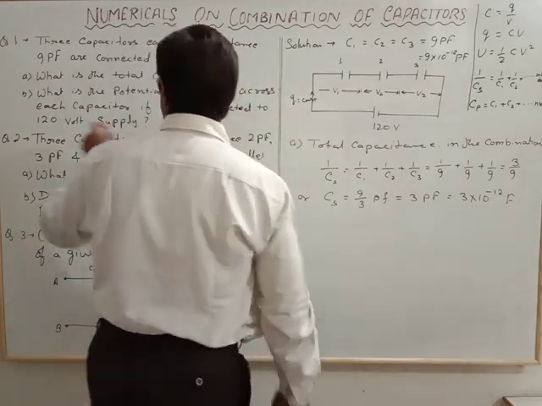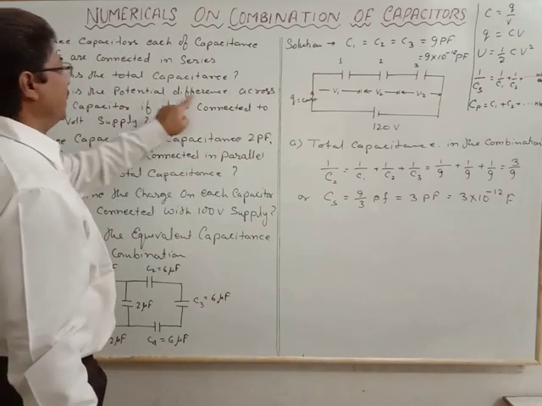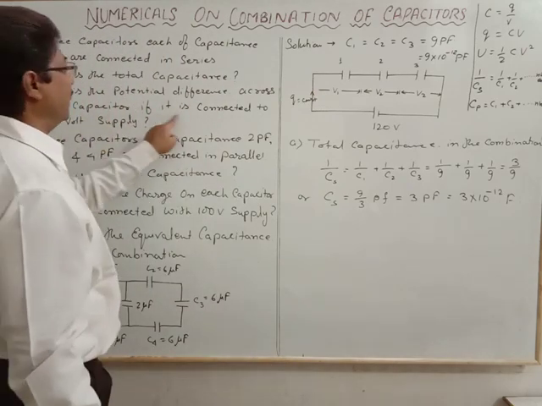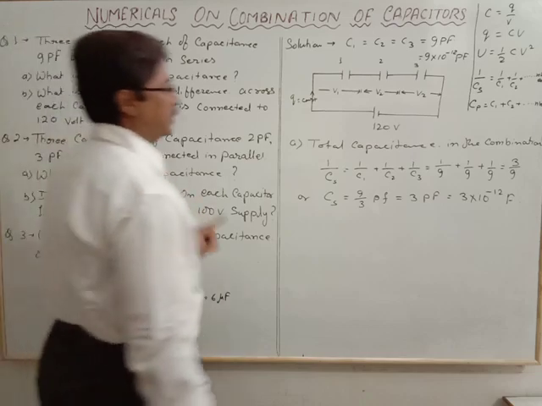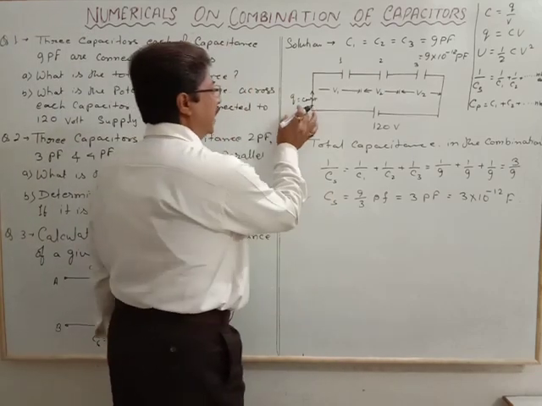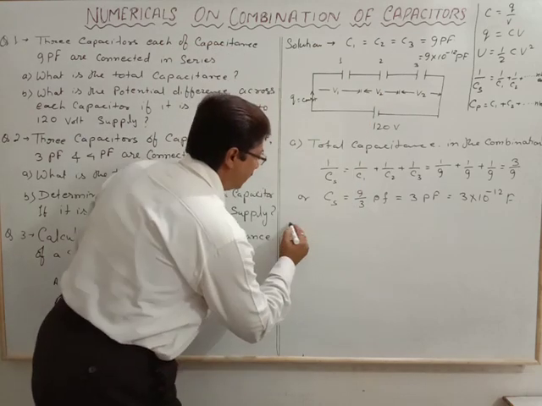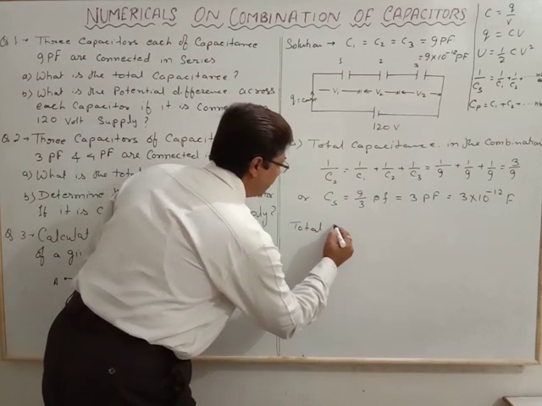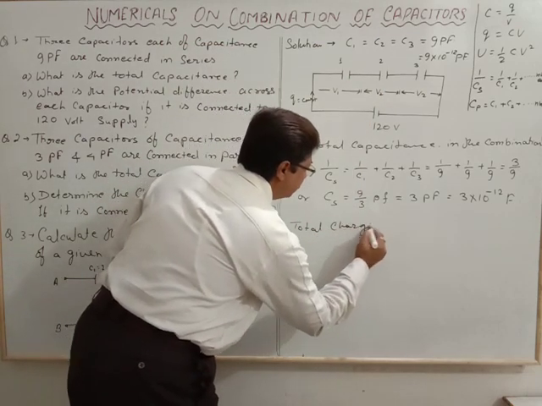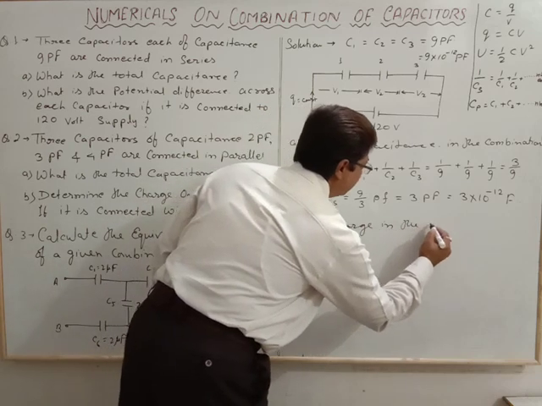Now the second question is, what is the potential difference across each capacitor if it is connected to the 120 volt? So first of all we have to calculate the total charge in the circuit.